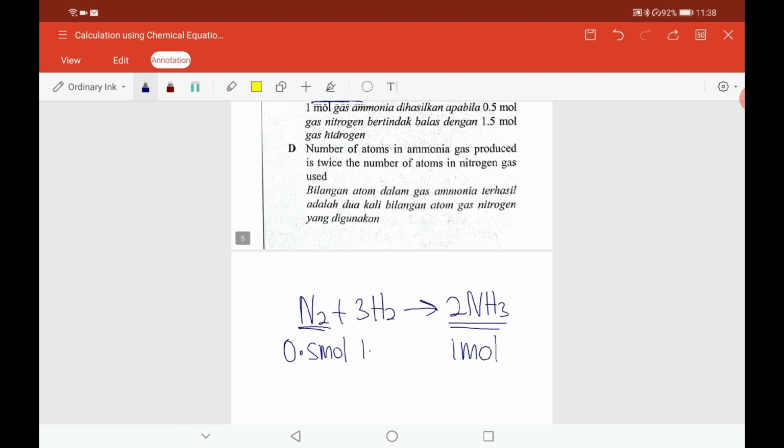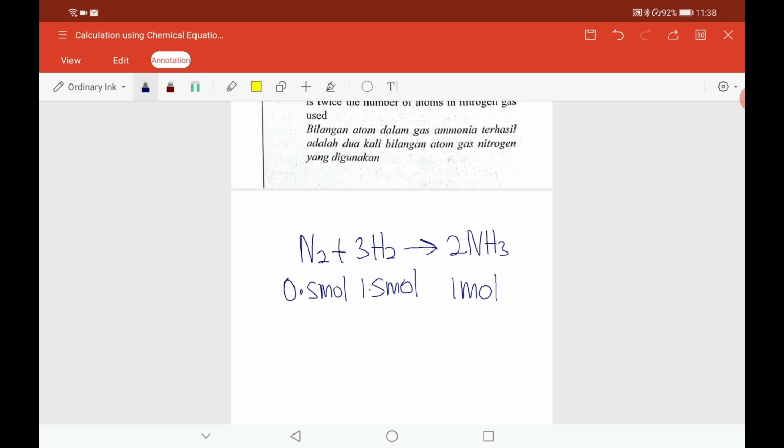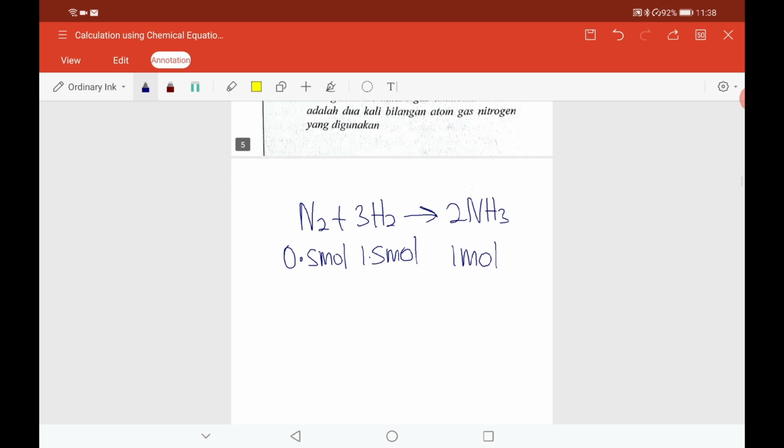So how to know whether the mole value here is correct or not? So we can try to simplify it.